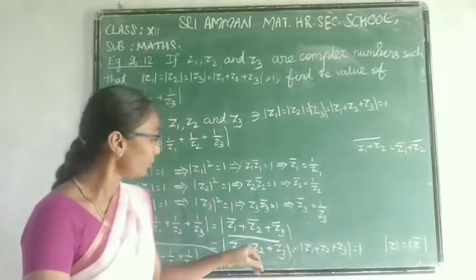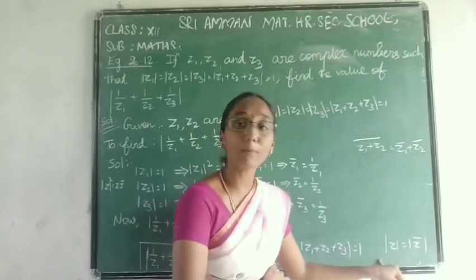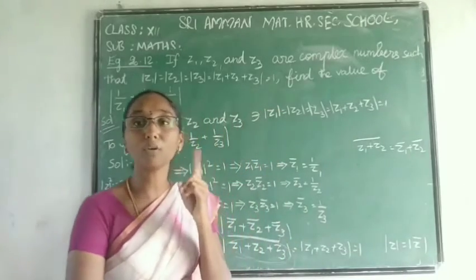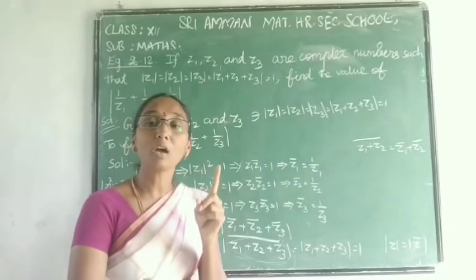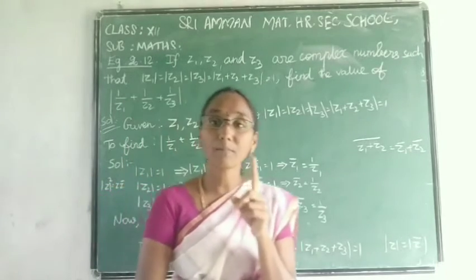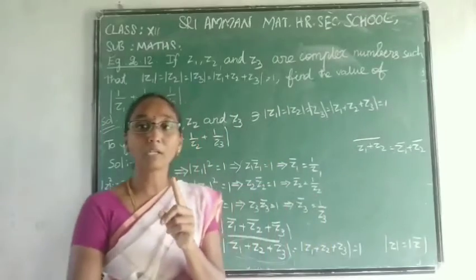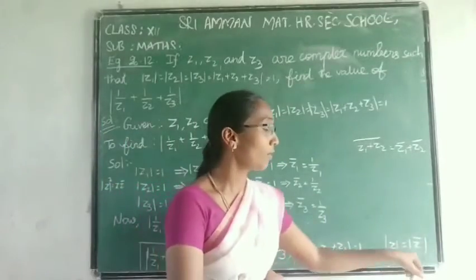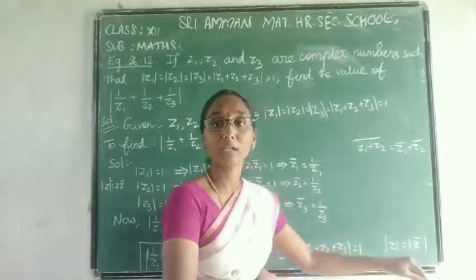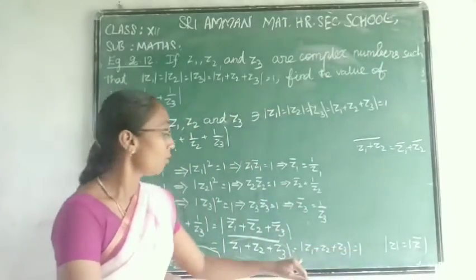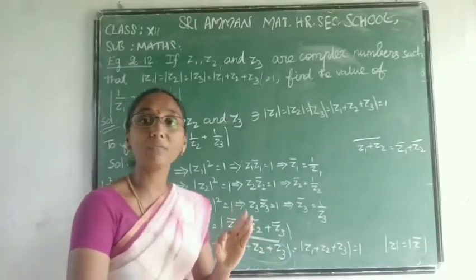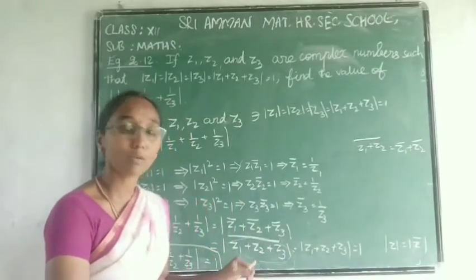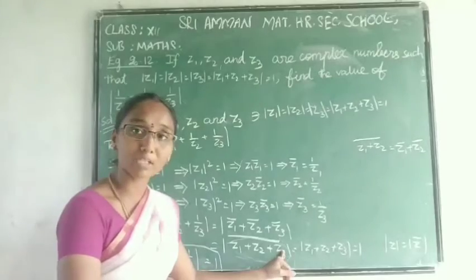You also know property number 1: modulus of Z equals modulus of Z bar. This is the first property of modulus of a complex number. Is it correct? Yes. Here, adding three complex numbers gives one complex number, so this is considered one complex number.